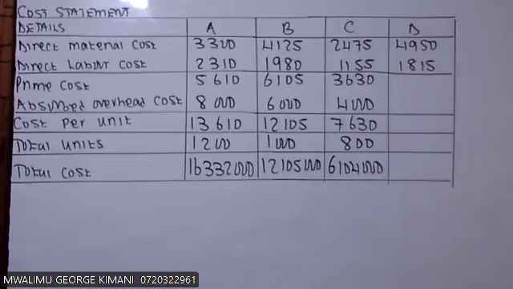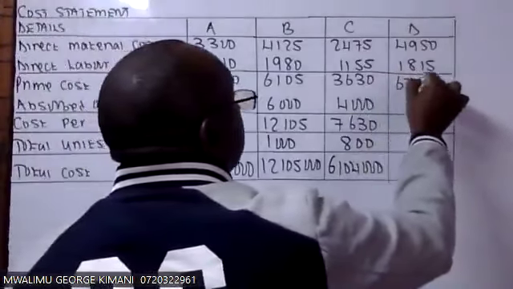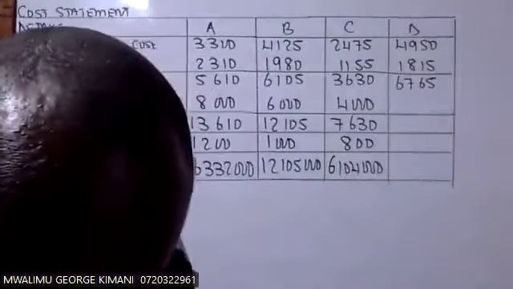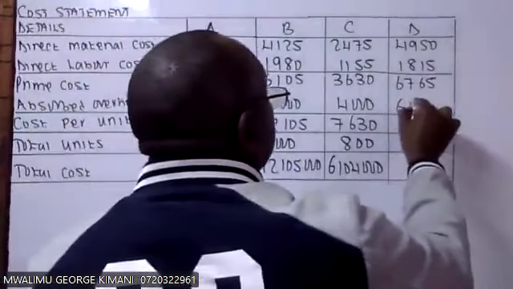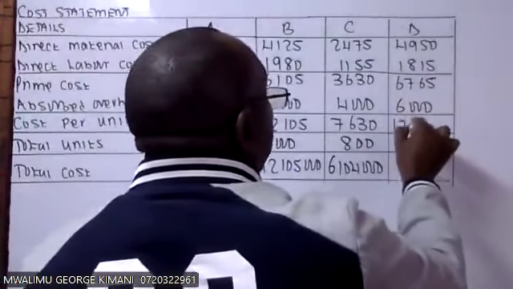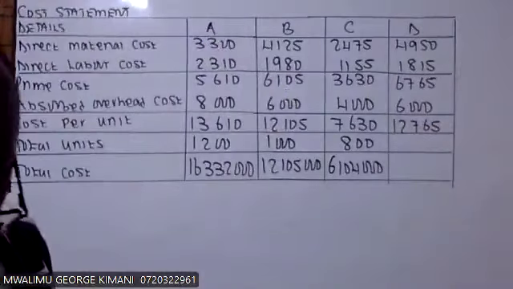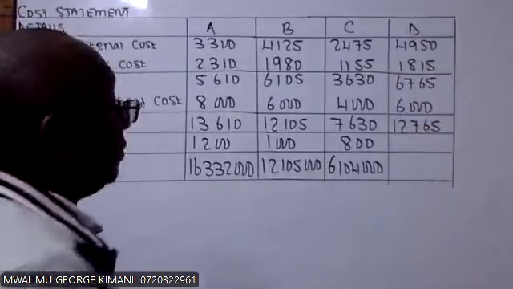What did you get when you add the two? 67.65. Then the overheads were 6,000. So this is 12,765. And the number of units are 1,200.